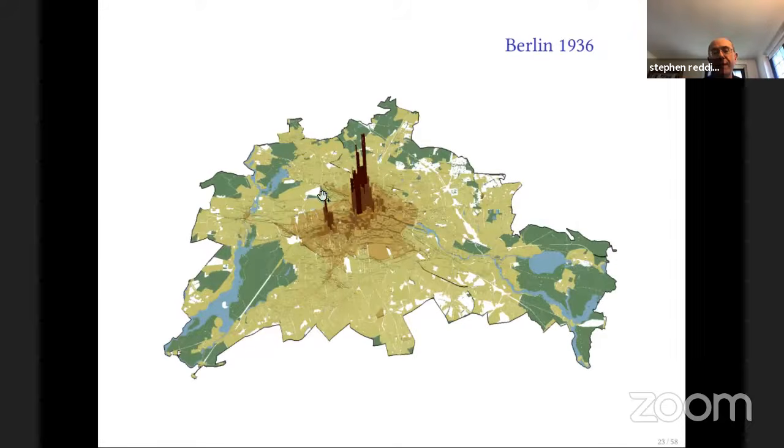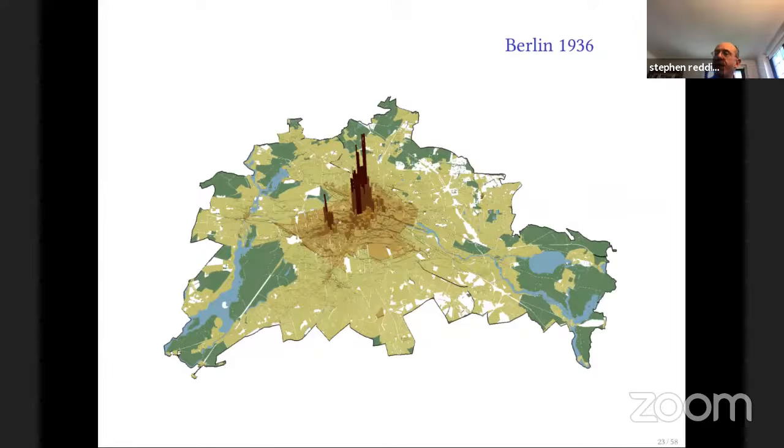One of those peaks around the central business district is an area called the Kurfürstendamm, which was developed into a fashionable shopping district in the period before the Second World War. This gap in the sequence of concentric rings is the Tiergarten Park. For those of you who know Berlin, that's a big area of open space in Berlin. Okay, so approximately monocentric with these concentric rings of lower land values prior to the Second World War.